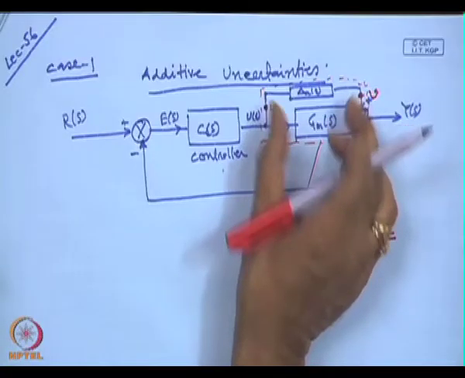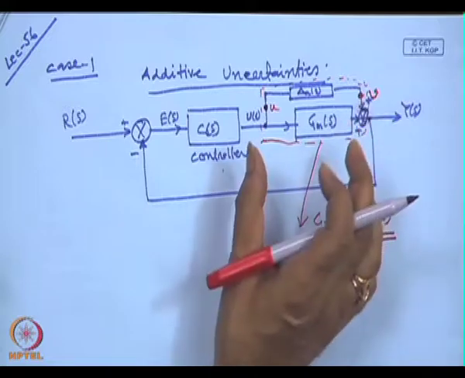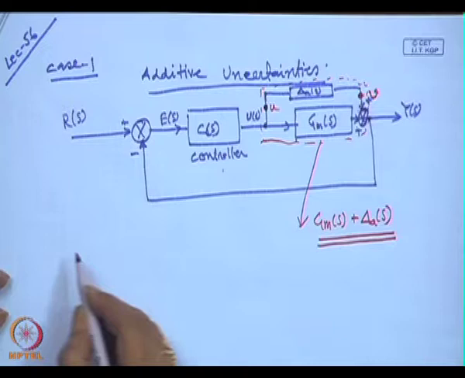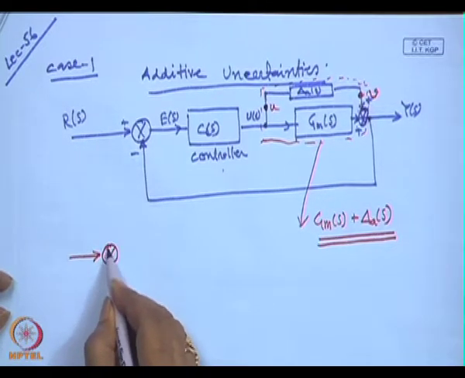So, the perturbation block which is connected between the point u and v, you take out. If you take that out, you can redraw the equivalent circuit this way.